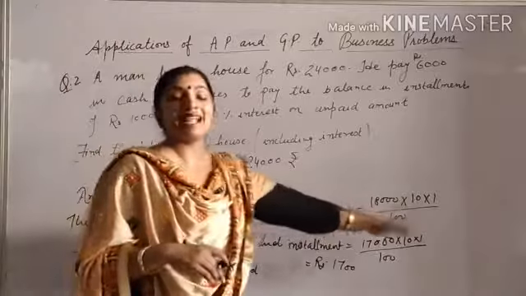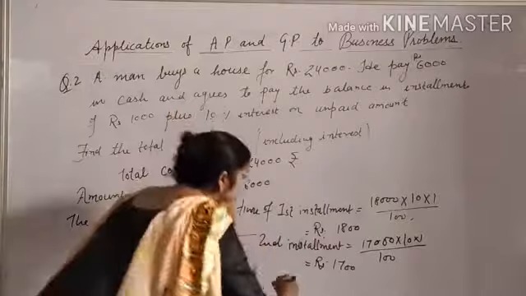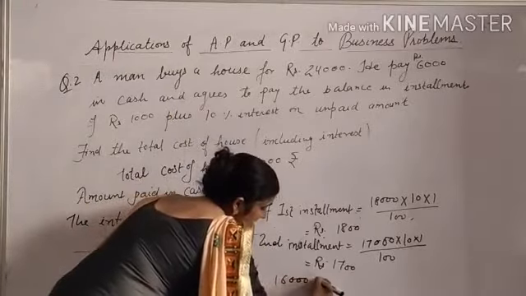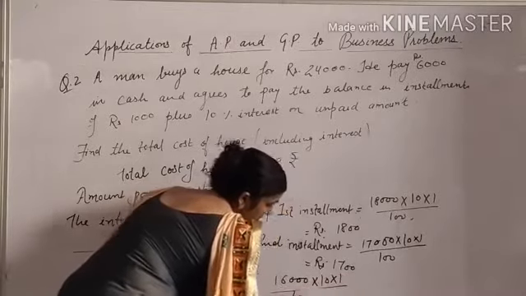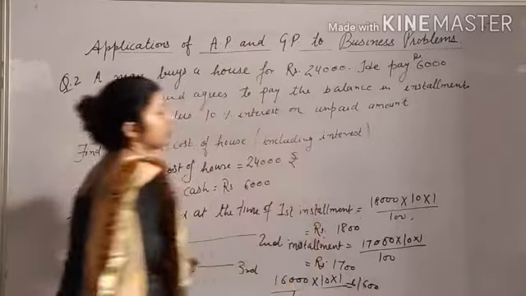The interest is in addition to the installment. So at the time of the third installment, the unpaid amount is 16,000 and 10% of it is 1,600 rupees.